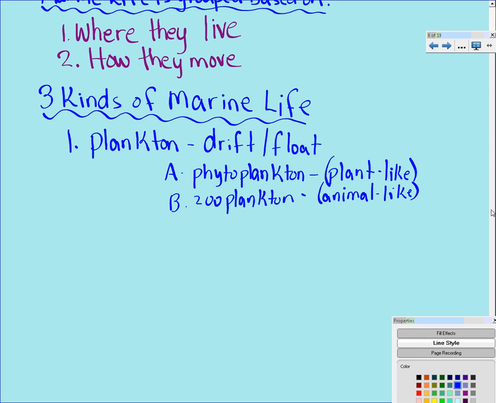Another type of marine life, which again is categorized because of where they live and how they move. Then we have nectons. And nectons swim. They don't drift or float, they actually swim.